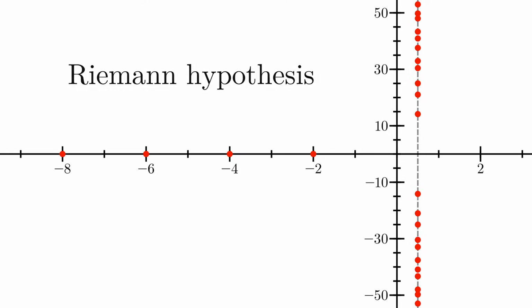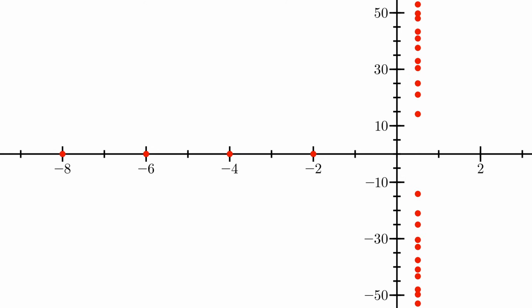If you've not thought much about complex functions before, this discussion probably raises a lot of new questions. For example, why does this picture say that zeta of minus 2 is 0? If we look back to our definition, zeta of minus 2 should be the sum across the positive integers of 1 over n to the minus 2.